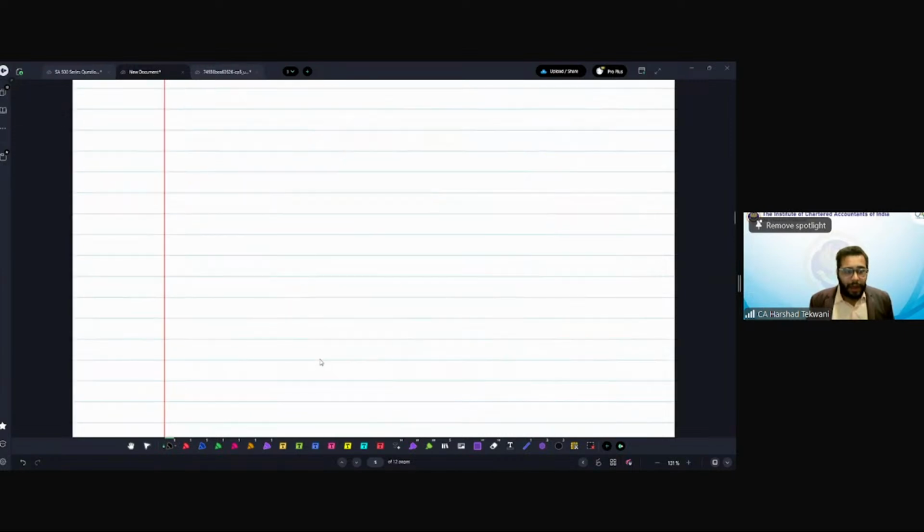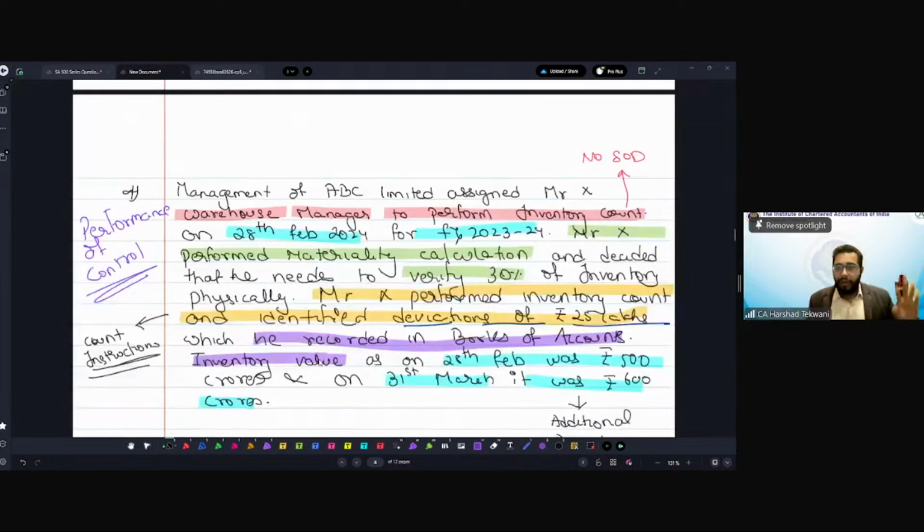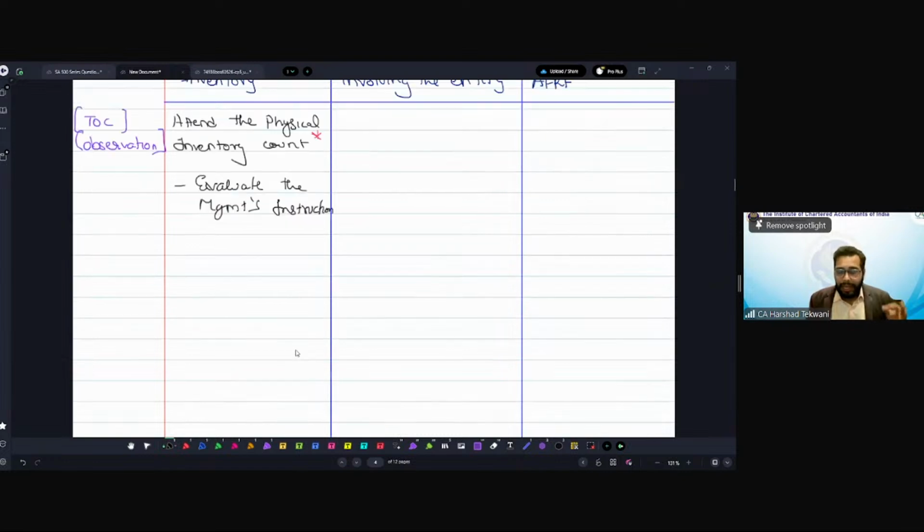Because if this is how the count is performed, I will not rely on this count straight away. There is no use for me. This count is literally a failure on the design part. So you need to evaluate management's instructions to understand the impact on the design of the controls, that is, how management provides the instructions and procedures for recording and controlling the results of the physical inventory count.